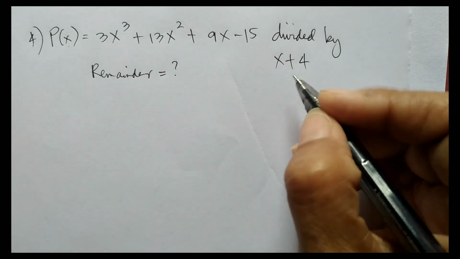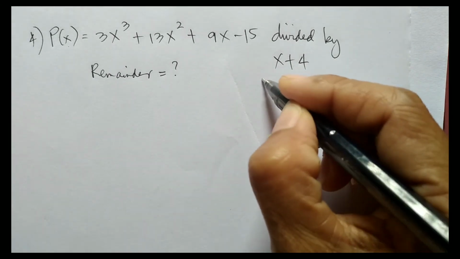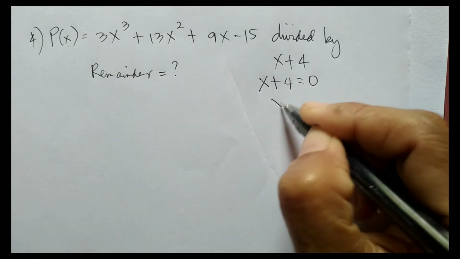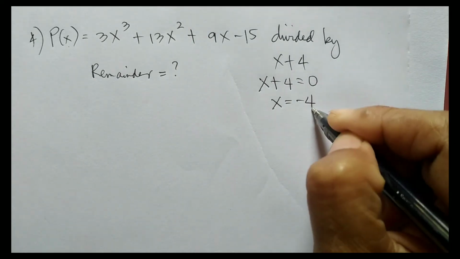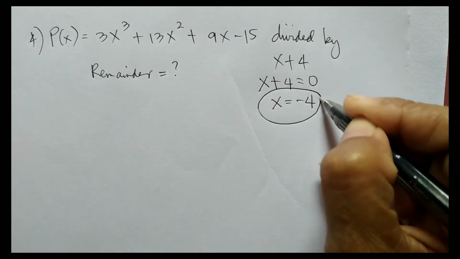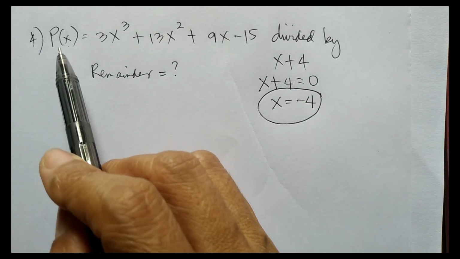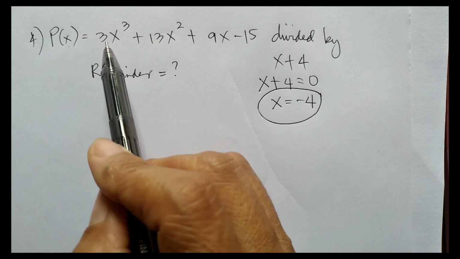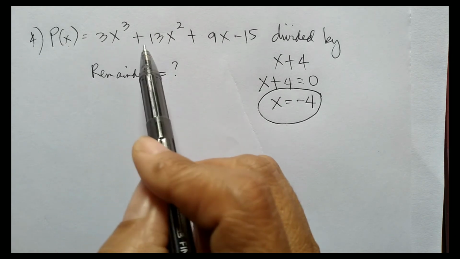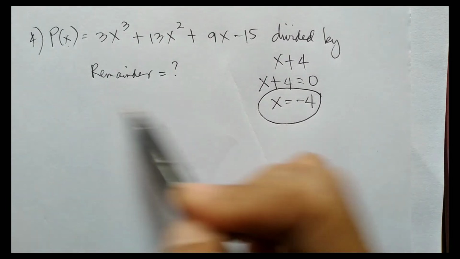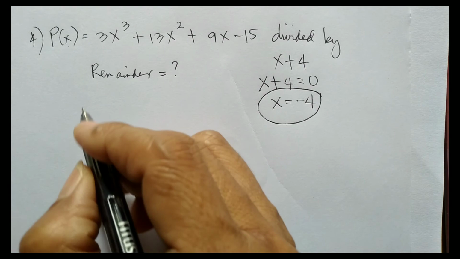So, to find the value of our x, we have x plus 4 is equal to 0, x is equal to negative 4. Let us replace this negative 4 to evaluate the polynomial equation, 3x cubed plus 13x squared plus 9x minus 15, without using synthetic division.